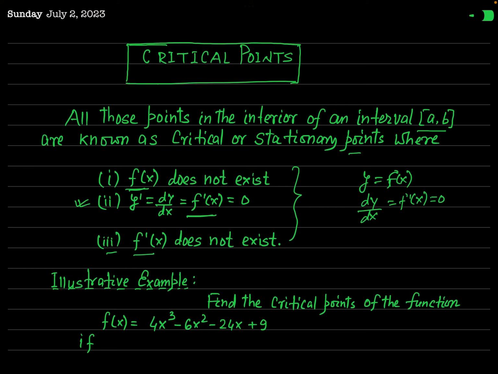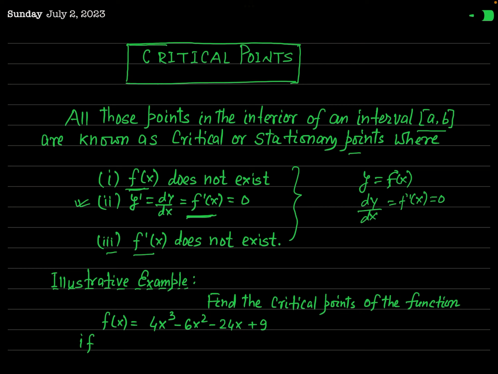If you are given the equation of a curve, and you have to find the critical points lying on that curve, then you have to see whether the given equation of the curve is differentiable or not. If it is differentiable, first of all you have to find f dash of x.